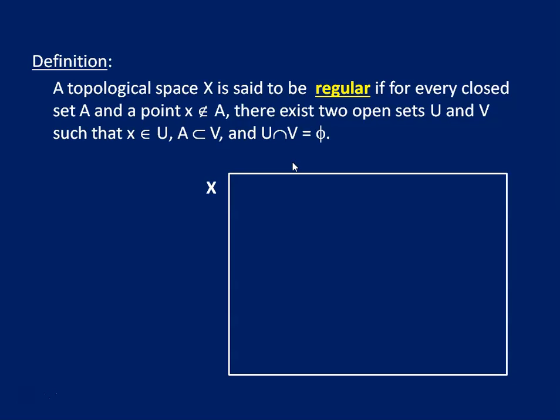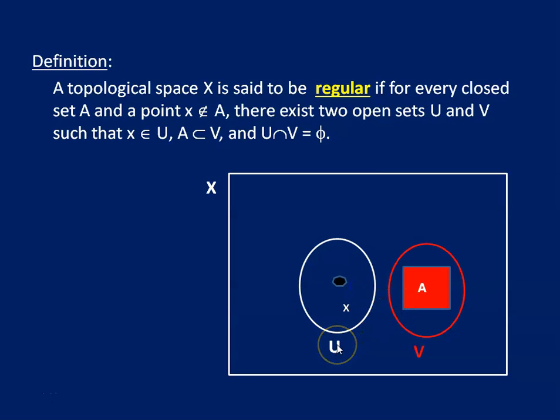Here we have the topological space X, which is regular if for every closed set A and a point outside it, there exist two disjoint open sets U and V such that U contains X and V contains A.